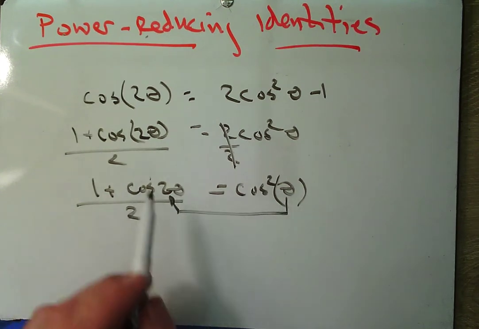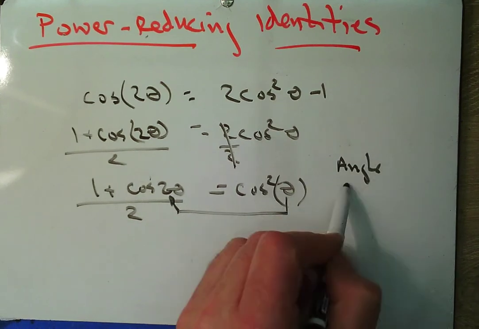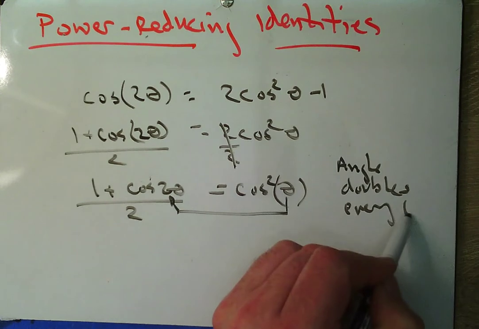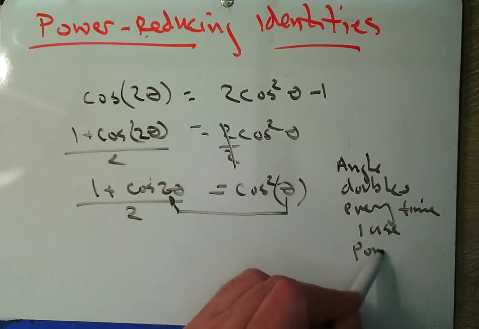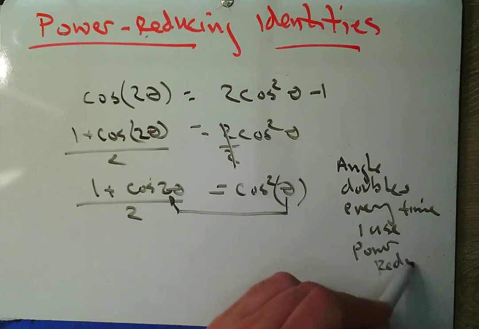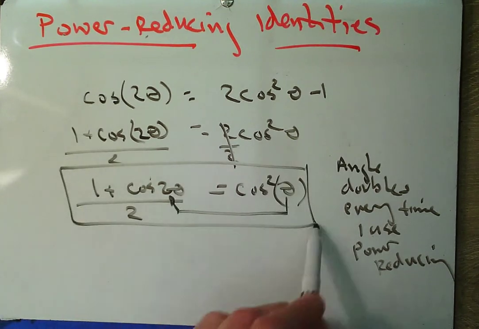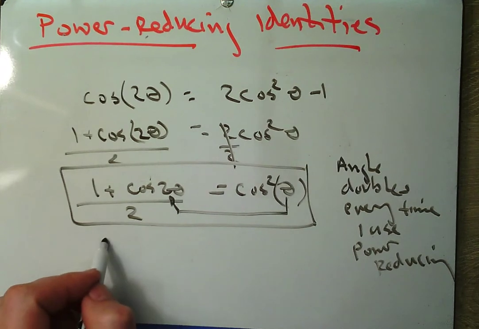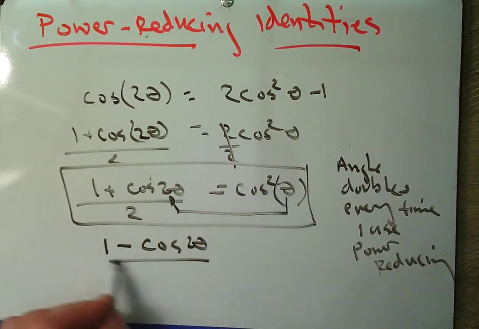The angle doubles every time I use power reducing. Okay, so here's our cosine power reducing formula. Sine power reducing formula is very similar. It's 1 minus cosine 2 theta over 2.